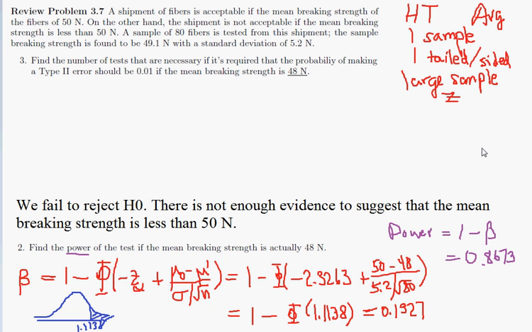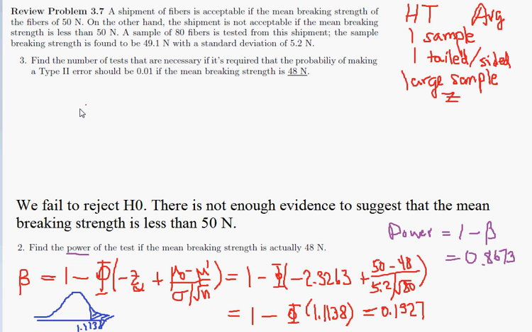Finally, the third part of the question asks for the number of tests that are necessary if we want the probability of a type 2 error to be 0.01 if the mean breaking strength is 48 newtons. And you notice that a typo on the handout's been corrected in this video. So the formula for this, we have two formulas for the number of samples that are necessary.